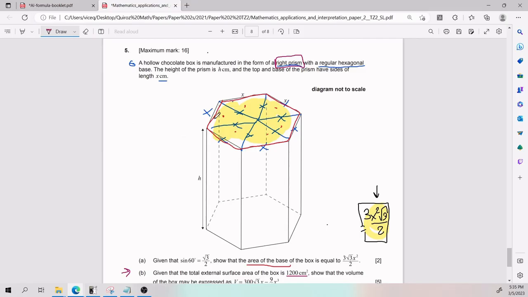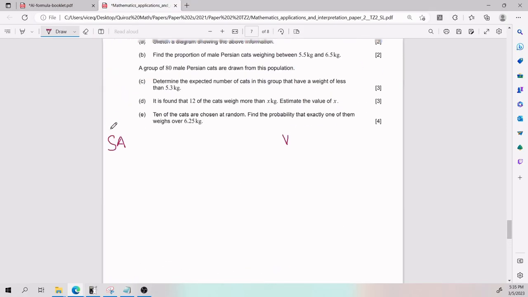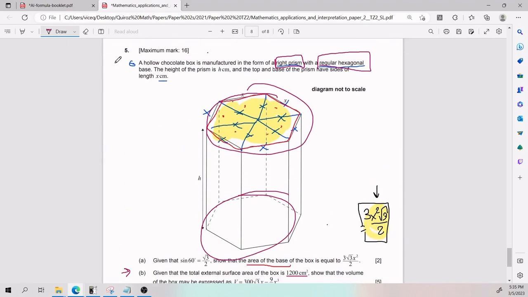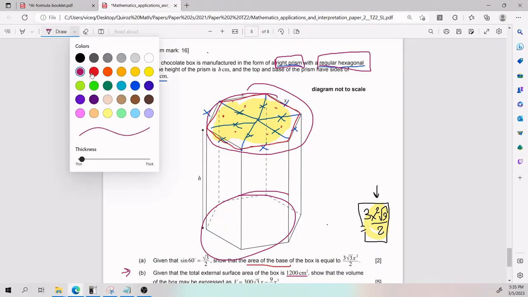See, so in this case, we have two regular hexagonal bases. See, so I have the one up top and I have the one down in the bottom. So I'm going to write that right now. Surface area equals 2 of the hexagon thingies, plus all of these guys that are going down the middle, right?